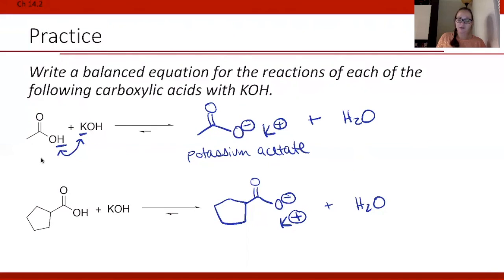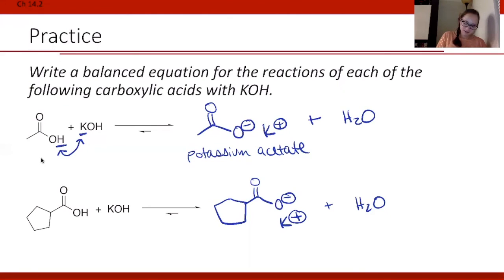And then we have our cyclopentyl carboxylic acid. So cyclopentyl, nope, not 2-cyclopentyl, potassium cyclopentyl-ate. Yep, because that would be cyclopentanoic acid. Yep, okay. My brain is not here today, guys.